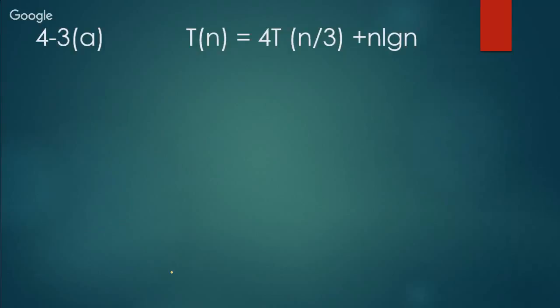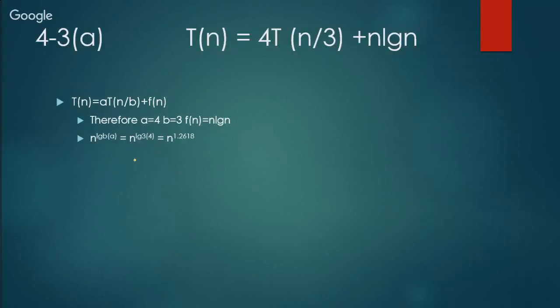Then finally 4.3a, T(n) = 4T(n/3) + n log n. Our a equals 4, our b equals 3, and our f(n) equals n log n.